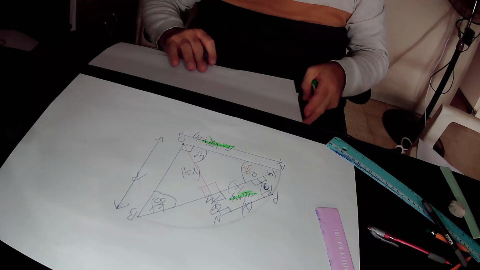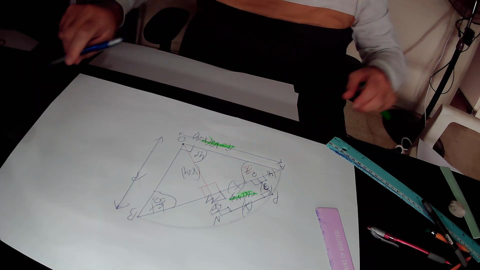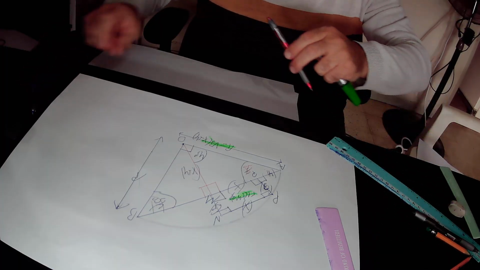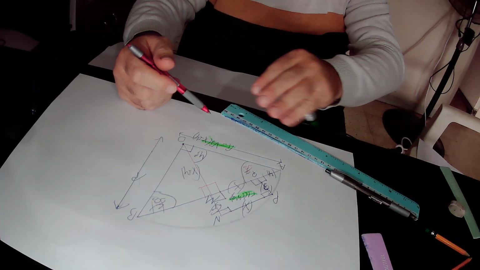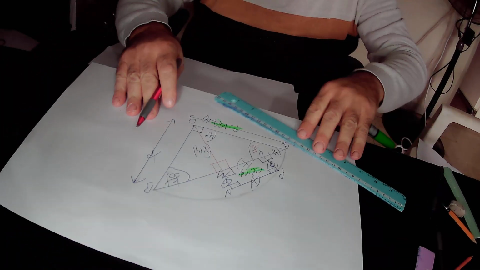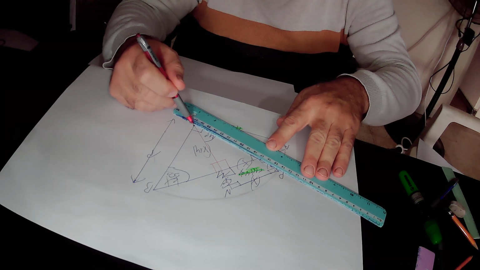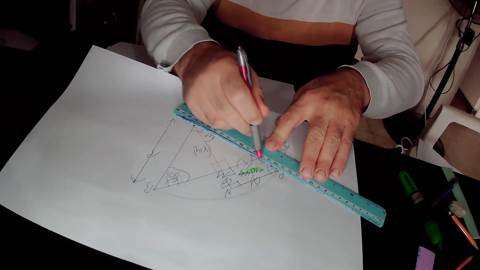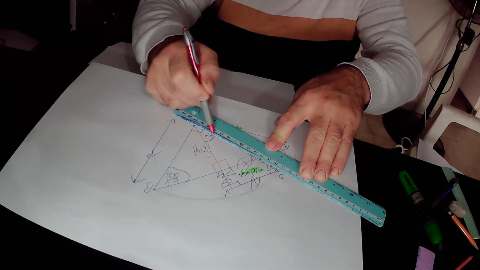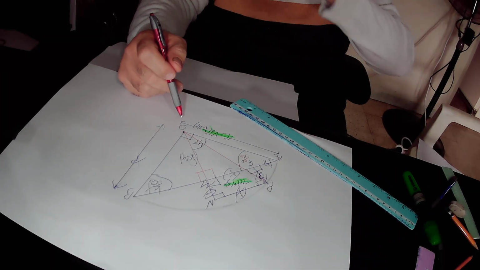In the next step, we will join points O and P together by a straight line. What is the definition of line segment OP?